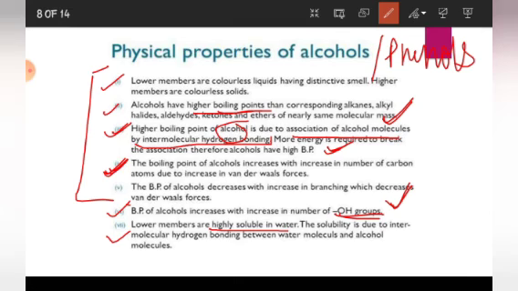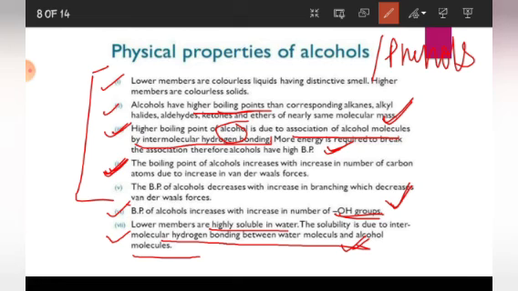The solubility is due to intermolecular hydrogen bonding between water molecules and alcohol molecules. Alcohols are capable of forming hydrogen bonding with water. That is why they are completely soluble. The lower members are highly miscible in water due to formation of hydrogen bonds.